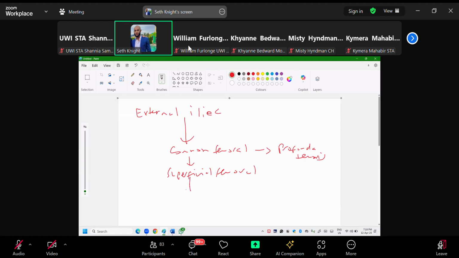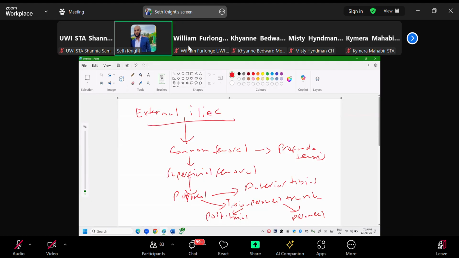The superficial femoral is then going to become your popliteal, which is then going to become your anterior tibial, as well as your tibioperoneal trunk. And your tibioperoneal trunk consists of your posterior tibial and your peroneal artery.